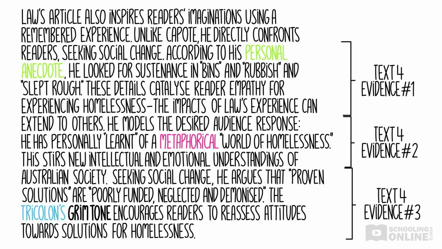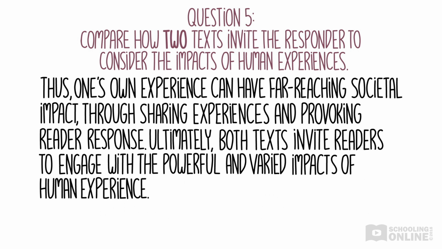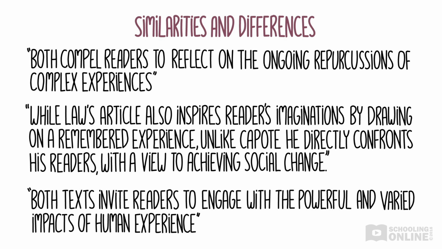And here's our second paragraph, which talks about Law's feature article. Finally, we've finished the answer with a quick conclusion that links back to the question. Also, because the question asks us to compare, we mention how the texts are similar or different.